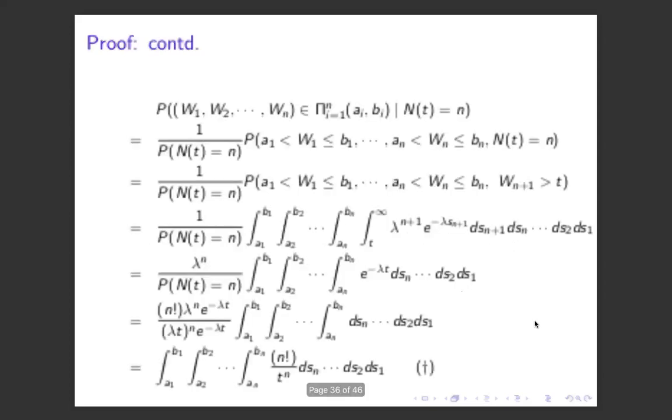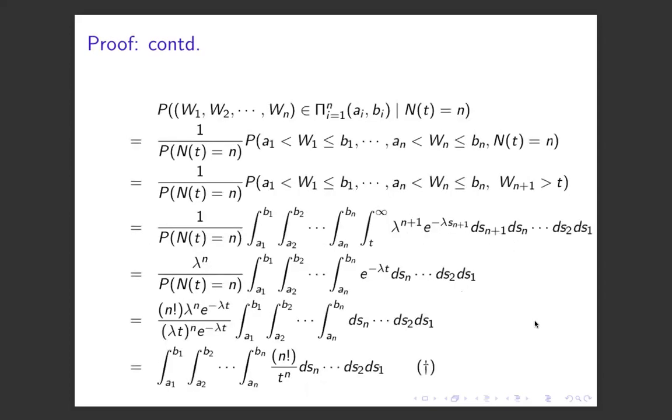Okay. So the probability that (W1, W2, ..., Wn) belongs to that rectangle, product i going from 1 to n of (ai, bi), given Nt equal to n.